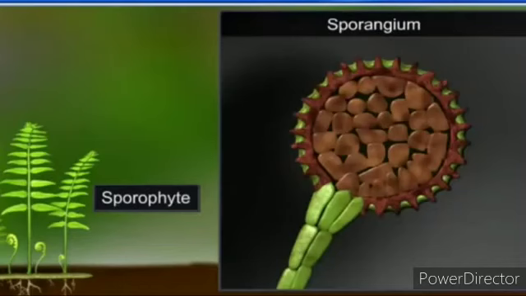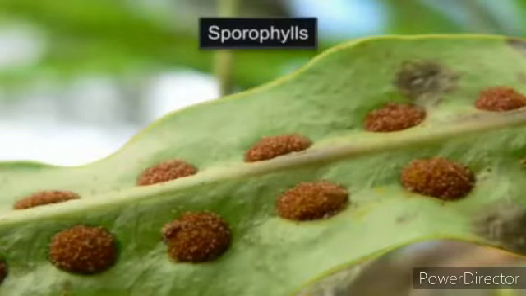The sporophyte bears sporangia that are subtended by leaf-like appendages called sporophylls. Sporangia contain the spores and are present on the leaves, so such leaves are called sporophylls.